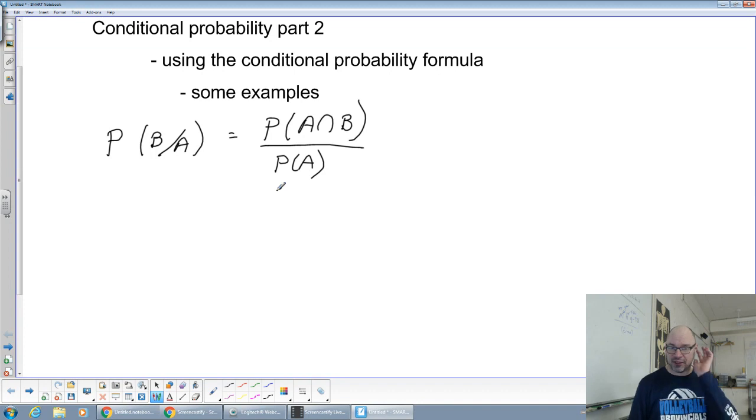Okay, so we can rearrange this. It can also be rewritten.